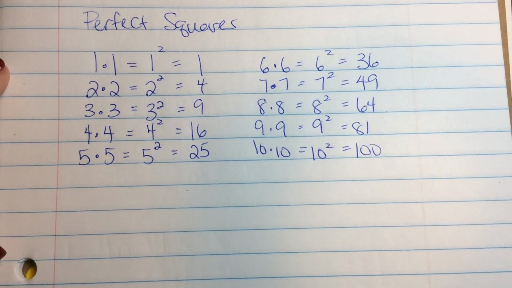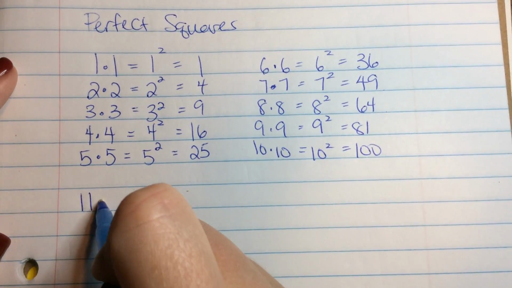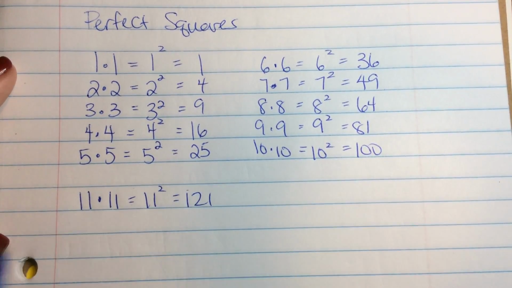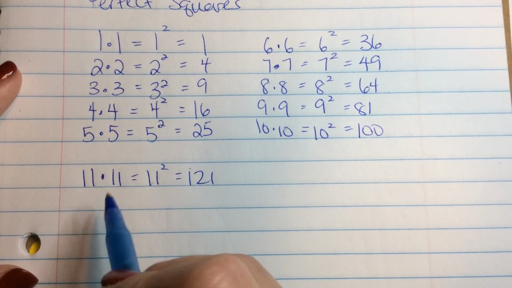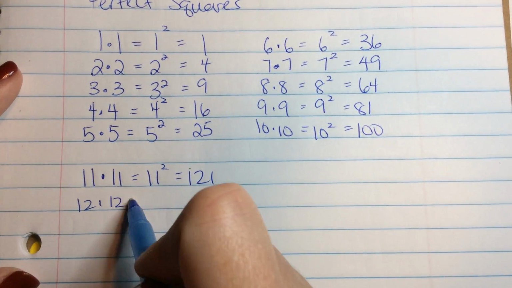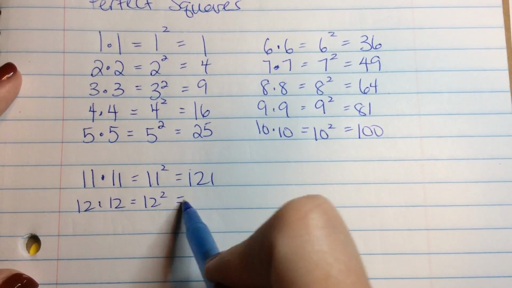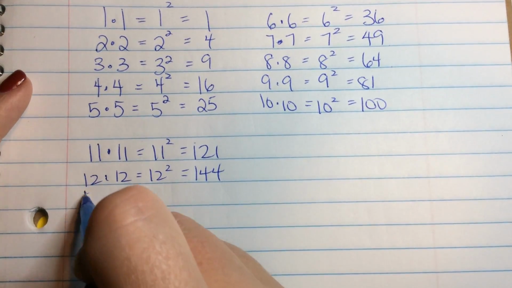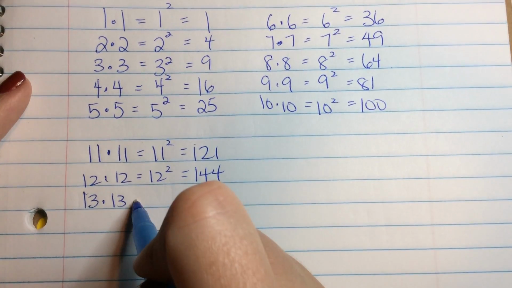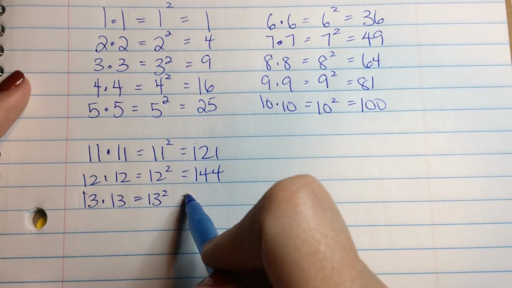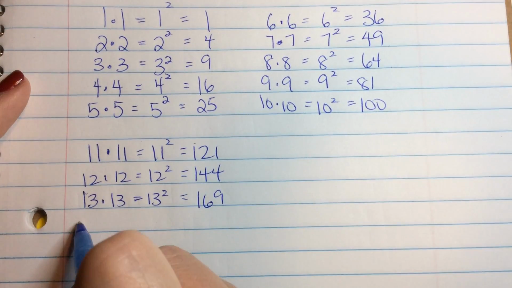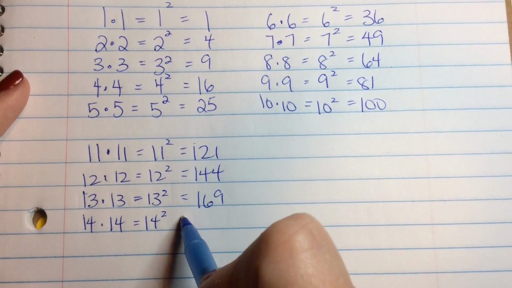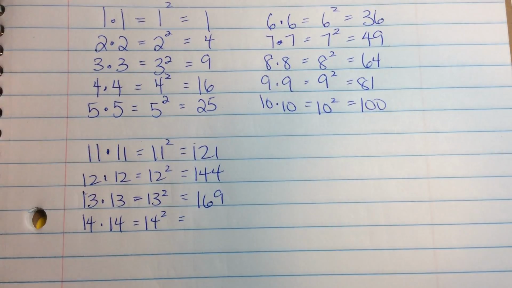So we're going to keep going, and let's do 11, which is 121. And then 12s make 144. 13 times 13 is 169. 14 times 14 is 216.